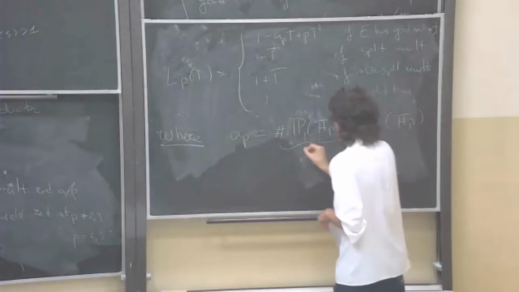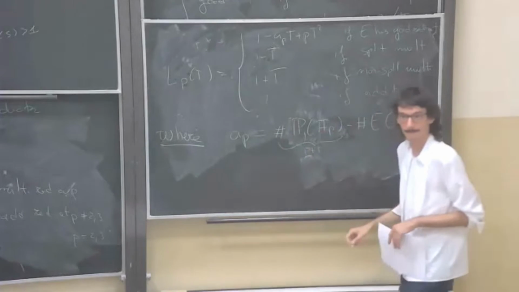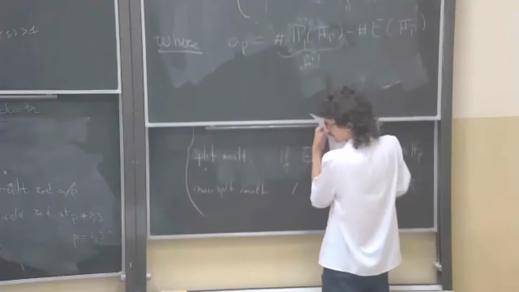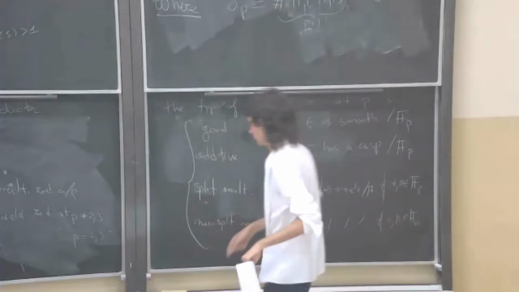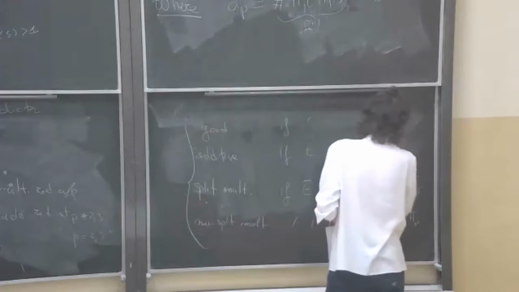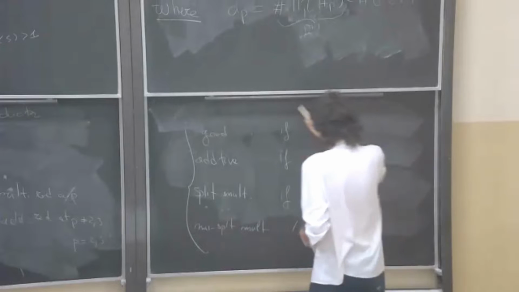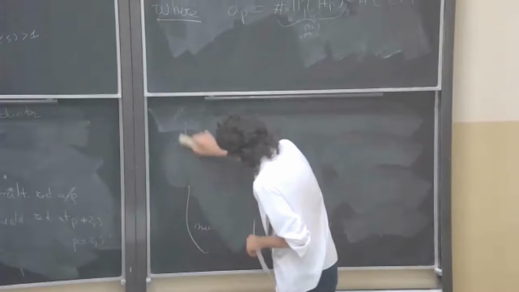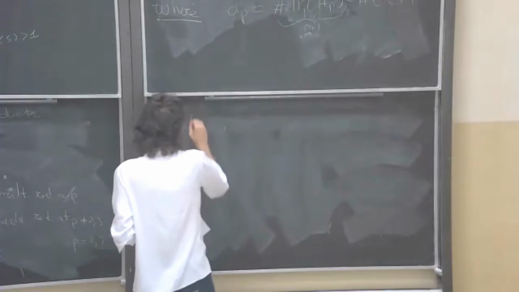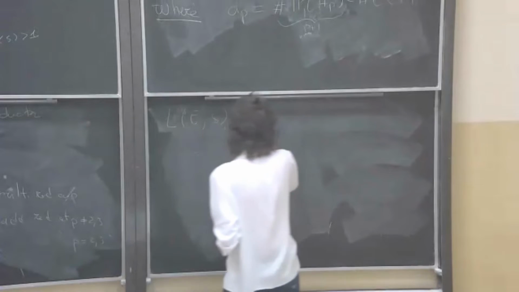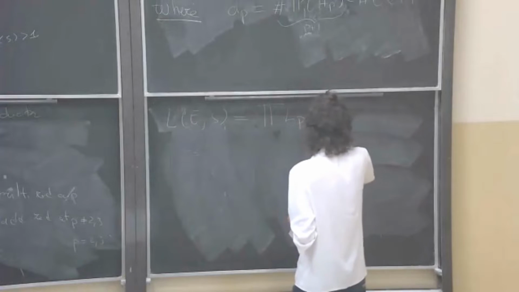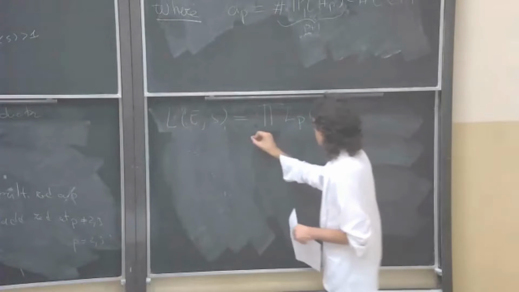This is P plus 1. And now we are ready to define what the L function is. L of E, S is the product of LP evaluated at P to the minus S over P prime.